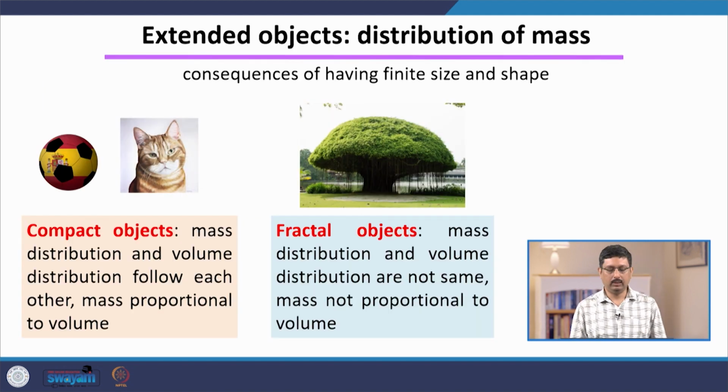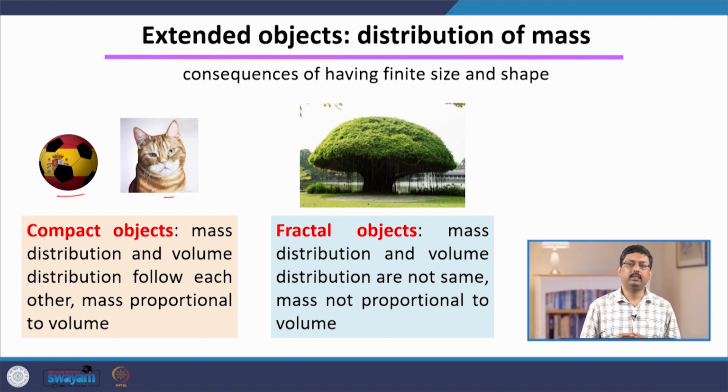Now, an interesting consequence of having finite size and shape, which I would like to point out. If you look around you, you will find that these extended objects are broadly of two different varieties. The first one is what we call a compact object, like this cat or this ball.